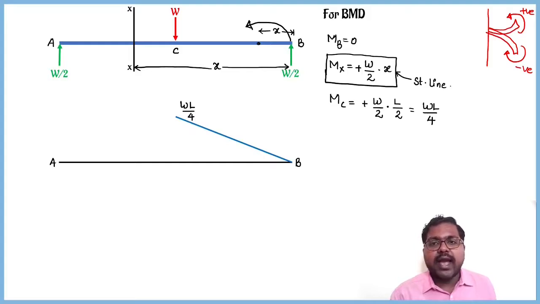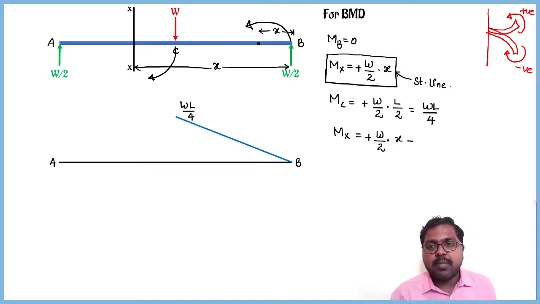Now I want to calculate again the bending moment at this section Mx. Considering from the right end, we are having W by 2, which is again creating an anti-clockwise movement, so it is a positive W by 2 into X. And now we are having one more additional force, that is W on the right side, and it is creating a clockwise movement.